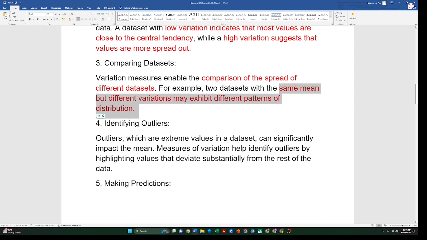Identifying outliers. Again, outliers are values that are very far away. These are extreme values that can affect the data set. Outliers, which are extreme values in the data set, can significantly impact the mean.